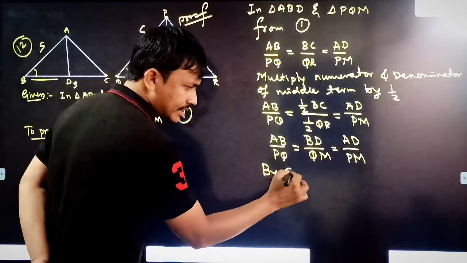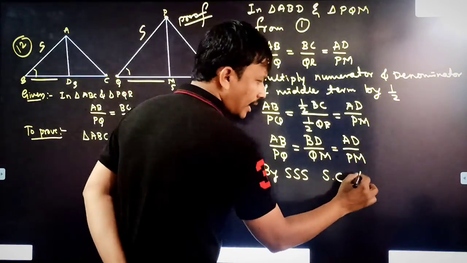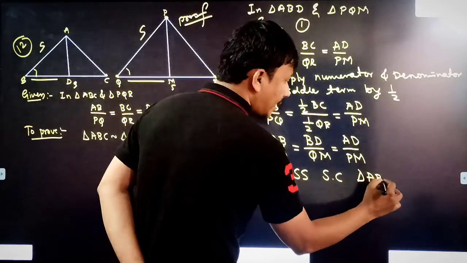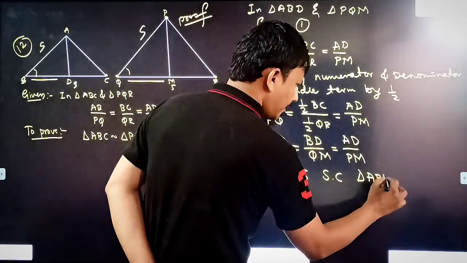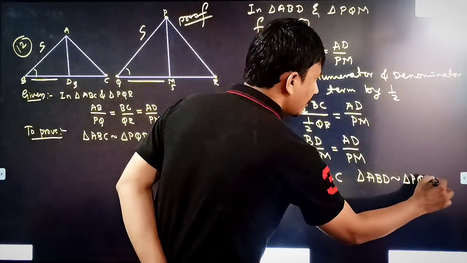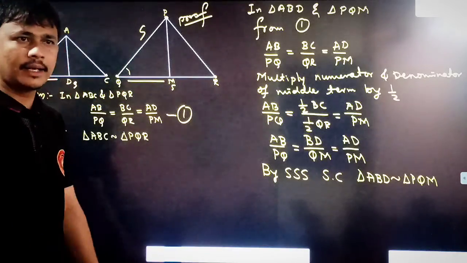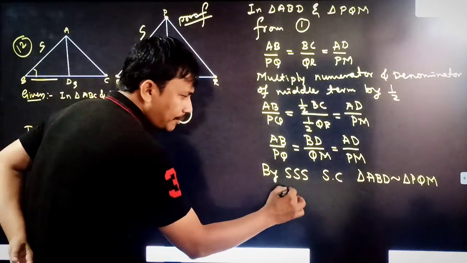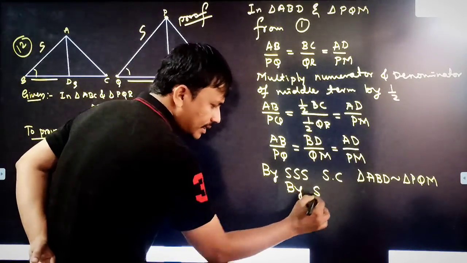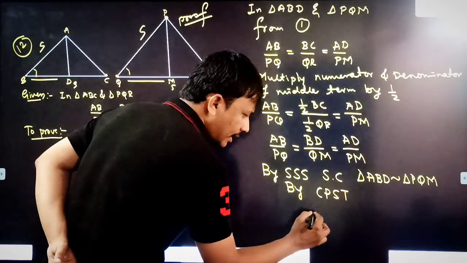By similarity criterion, triangle ABD is similar to triangle PQM.